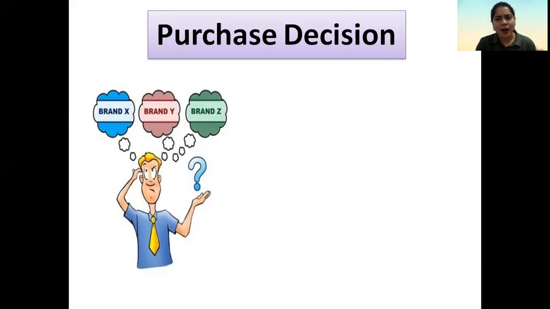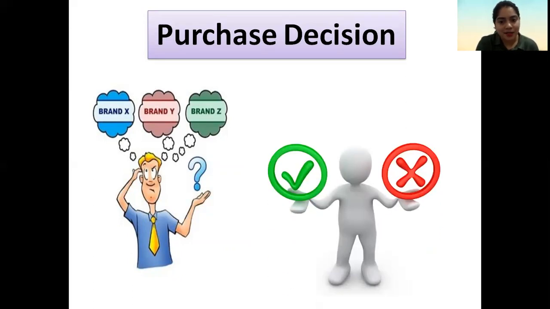There are some other factors also, like an increase in the price of the product, the timing of the purchase, and also the terms and conditions of the payment. So, in this stage, a consumer will take a final decision to buy a particular product.